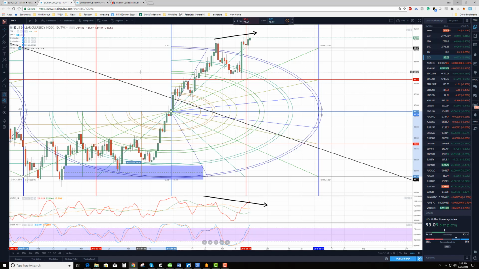If we take a look at the dollar index, though, I want to get into price correlation. The dollar index is something I think all of you should have on your chart, on your watch list. When you're using TradingView and you're in current holdings, just go to add symbol, type in DXY, and it will be under CFD. All the dollar index is, it's a basket of currencies, other currencies versus the dollar.